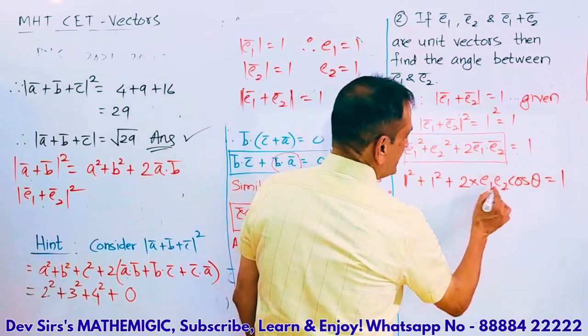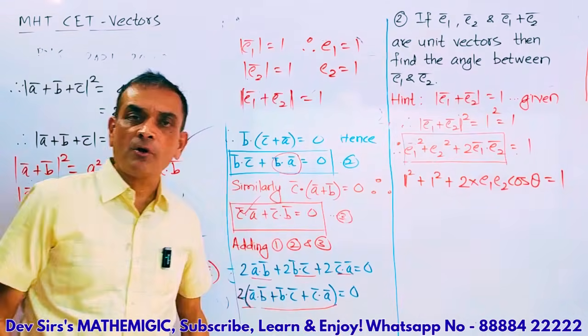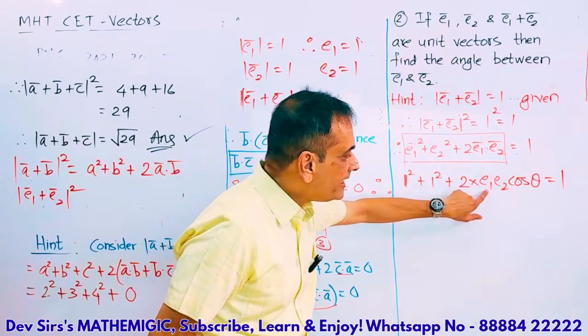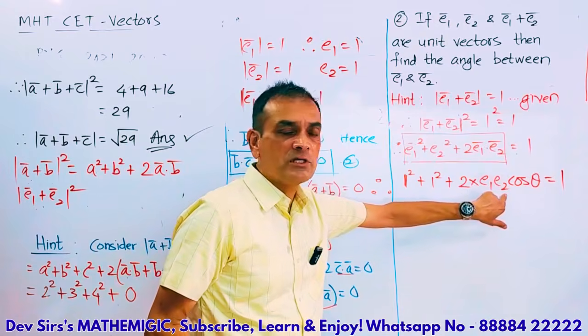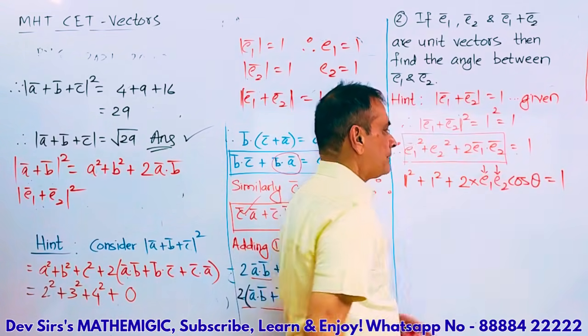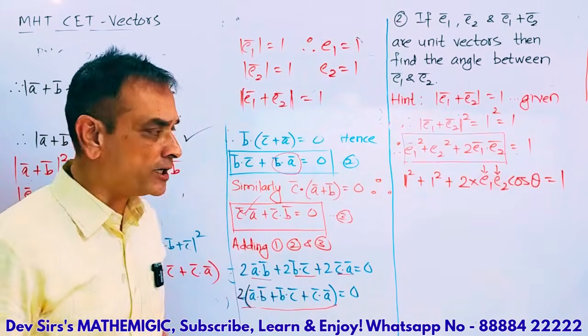So 2AB cos theta, since A dot B is AB cos theta. The dot product formula is AB cos theta. So after getting E1 and E2 here, now you can write E1 is 1 and E2 is 1 because this represents magnitude. Now the bar has gone from there after using the formula for dot product.